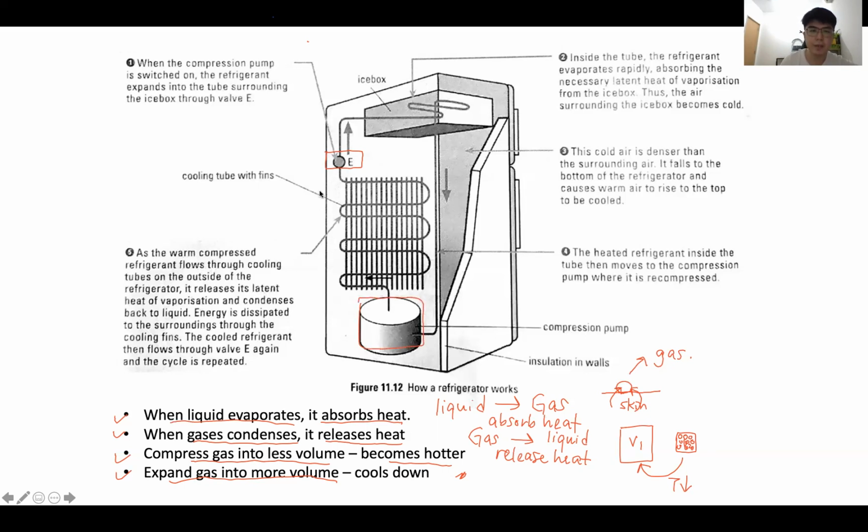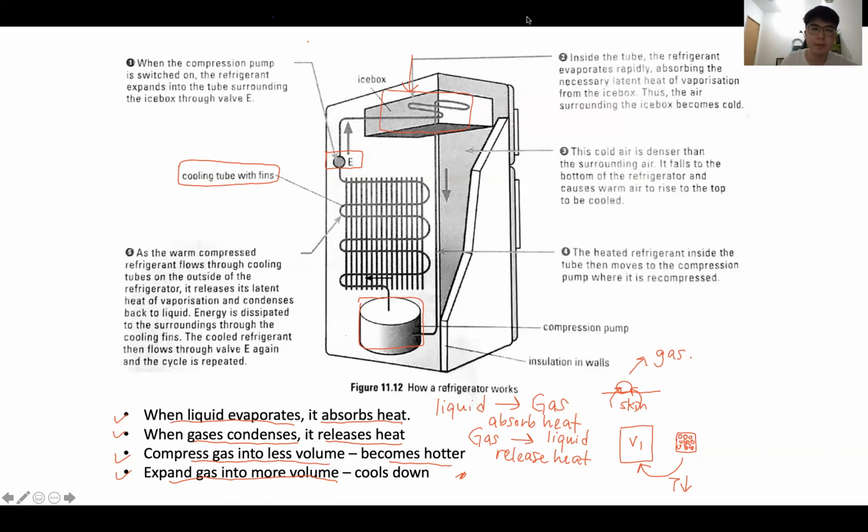And we have the cooling tube, which you find outside behind the refrigerator, the black coils. Then there's another tube inside the refrigerator, in the ice box at the top.